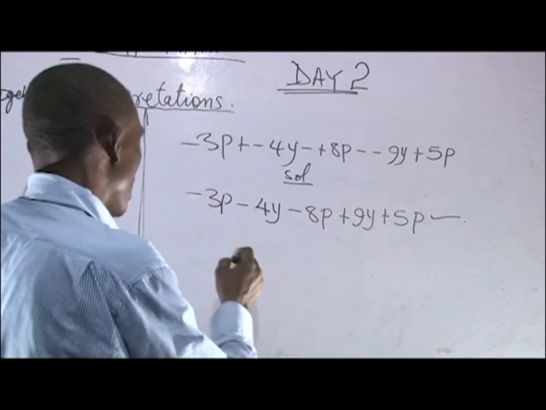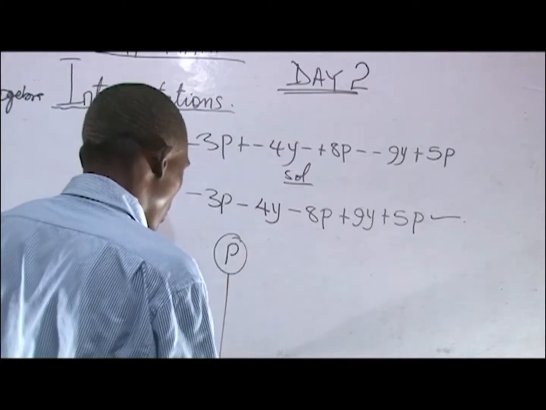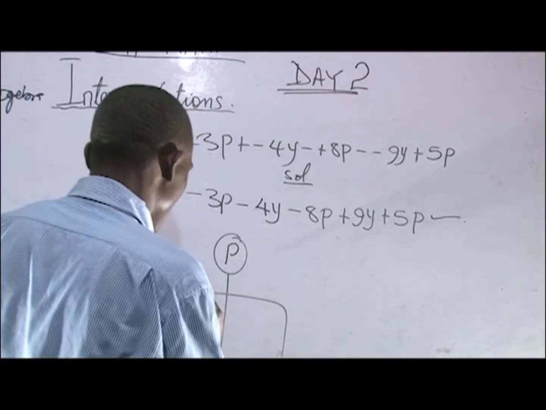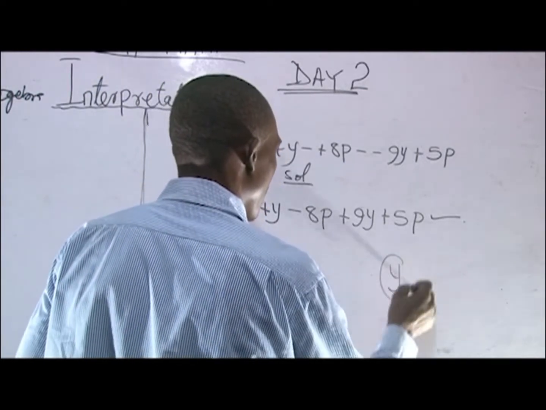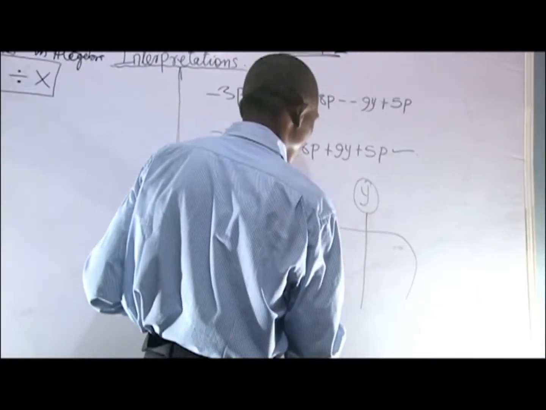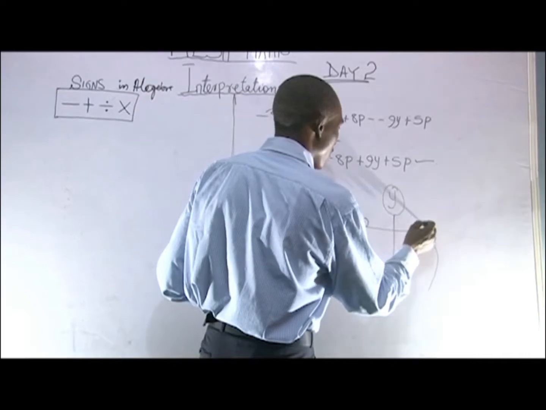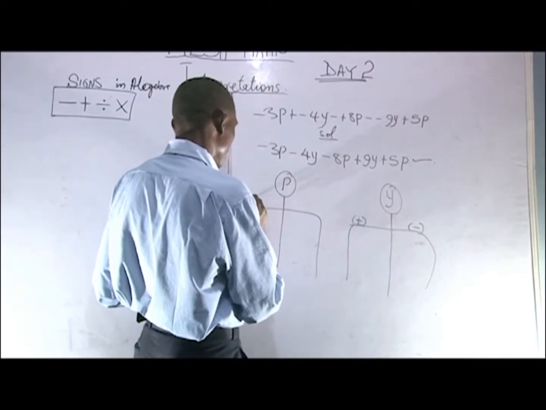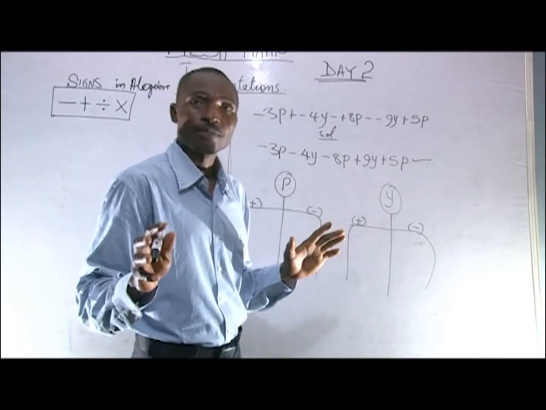So let's quickly build the house for P, separating the canopy, then the one for Y, this way. Then the male house and female house in each. You see it very clear.